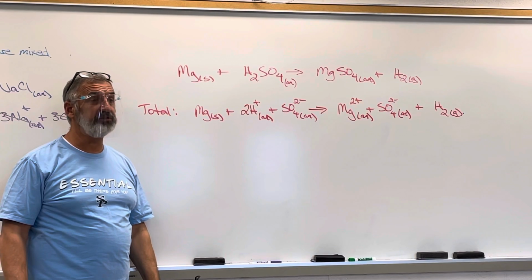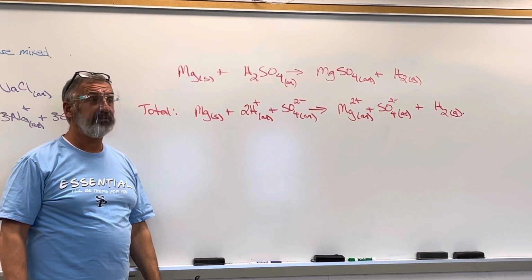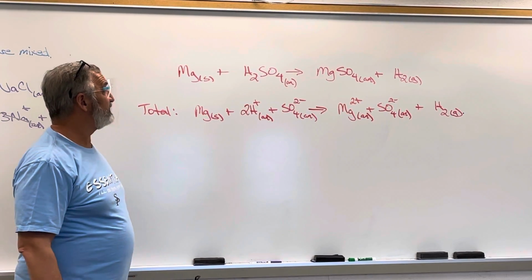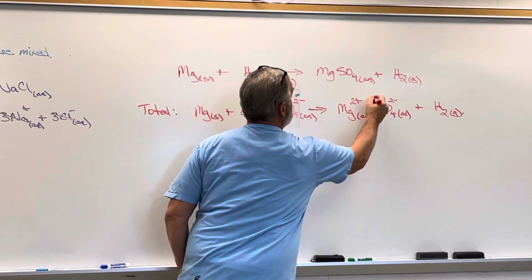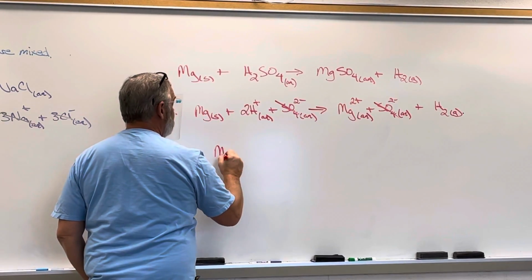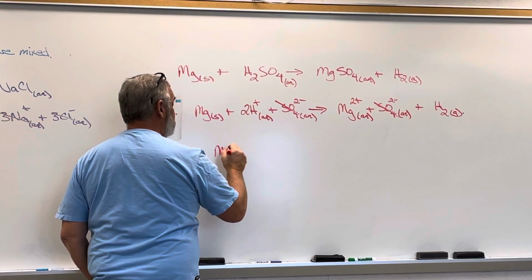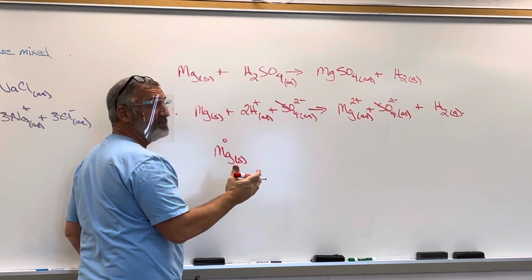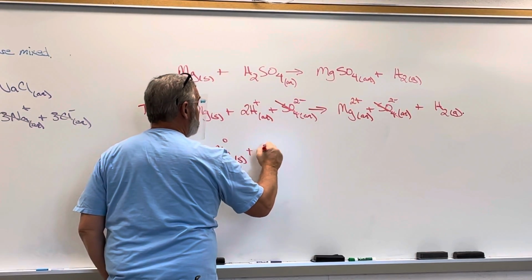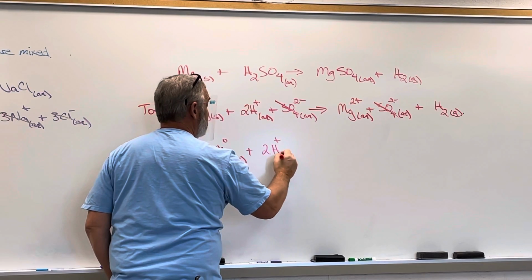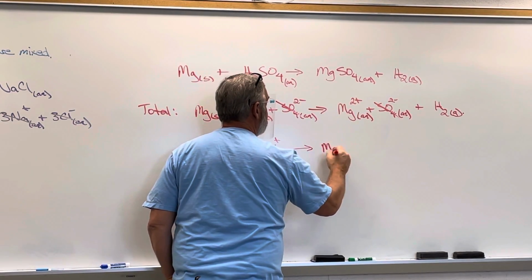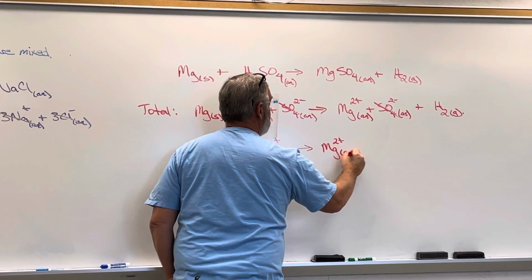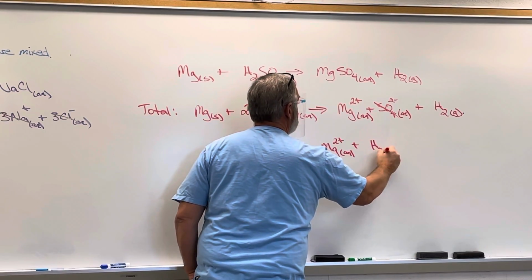Do you do the O2, F2, Cl2? So what are my spectators here? Just the SO4, right? So we end up with magnesium solid, which has 0 charge, in other words the electrons and protons are equal, plus 2H plus, which doesn't have any electrons, and it goes to Mg2 plus and H2 gas.